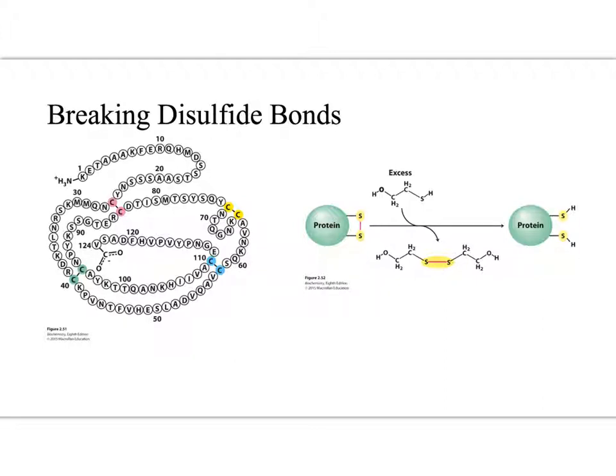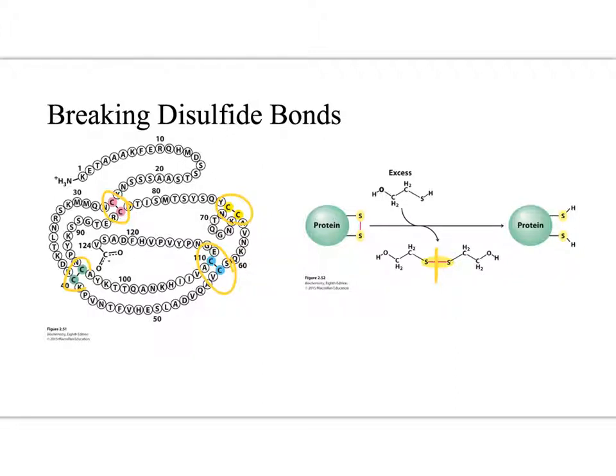So we'd use beta-mercaptoethanol. You have your overall large structure, and you see these are places where we have disulfide bonds present. These chemical substances are going to come in and break apart these bonds that are between these sulfurs.